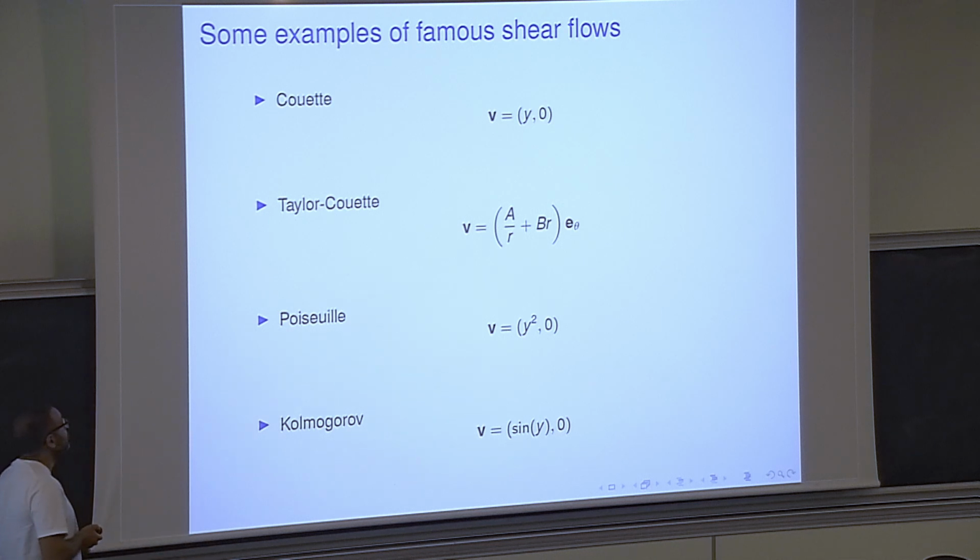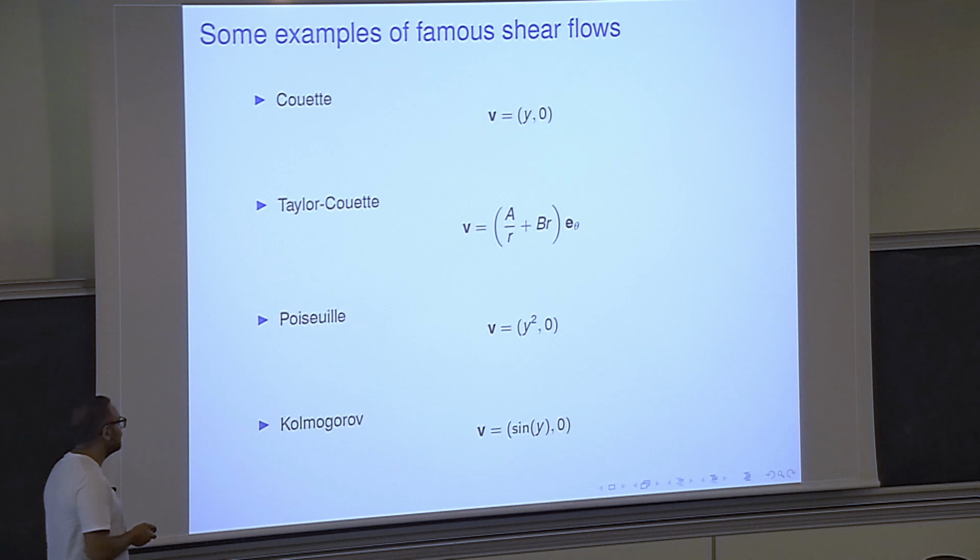And what you obtain is also a stationary solution for 2D Euler. Then, in the last part of the talk, I will talk about the Poiseuille flow, where the velocity is given by y squared. And I will also comment something about the Kolmogorov flow, but I will not say many new things about it.